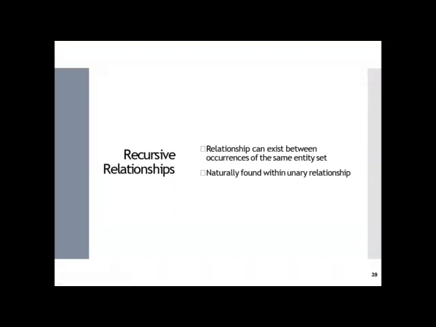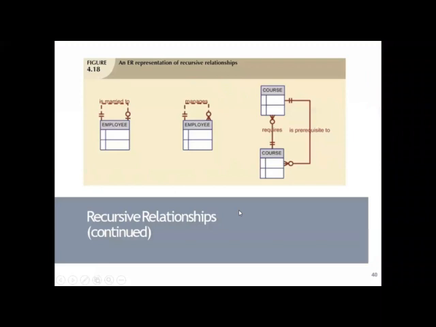Recursive relationship. A relationship can exist between occurrences of the same entity set, naturally found within a unary relationship. This slide shows the recursive relationship. In a unary relationship, the relationship is included in the entity.